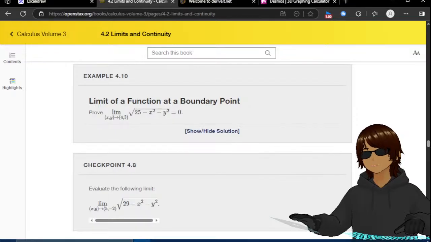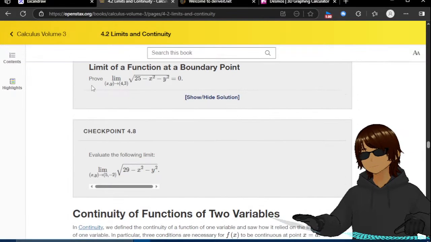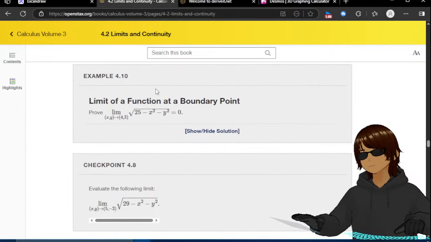Limit of a function at a boundary point. So prove this.